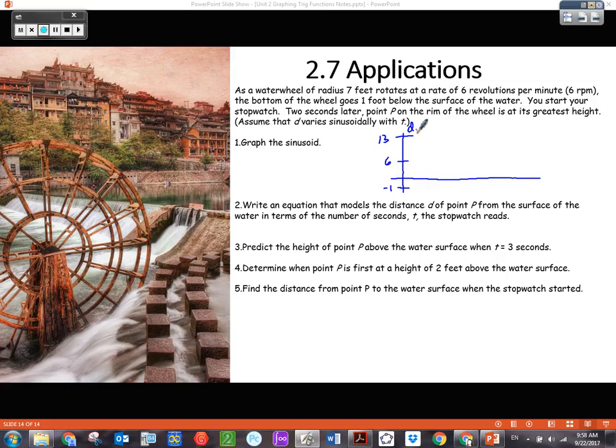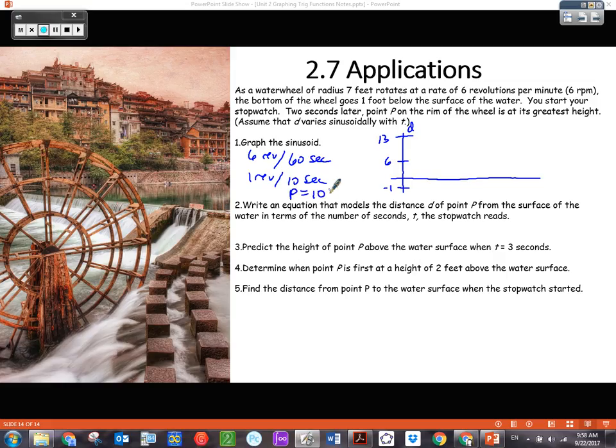If it's 6 revolutions per 60 seconds, let's pare that down. We want 1, so it would be 1 revolution per 10 seconds. What that tells us is that our cycle is 10 seconds. Okay, our period. The period is 10 seconds.